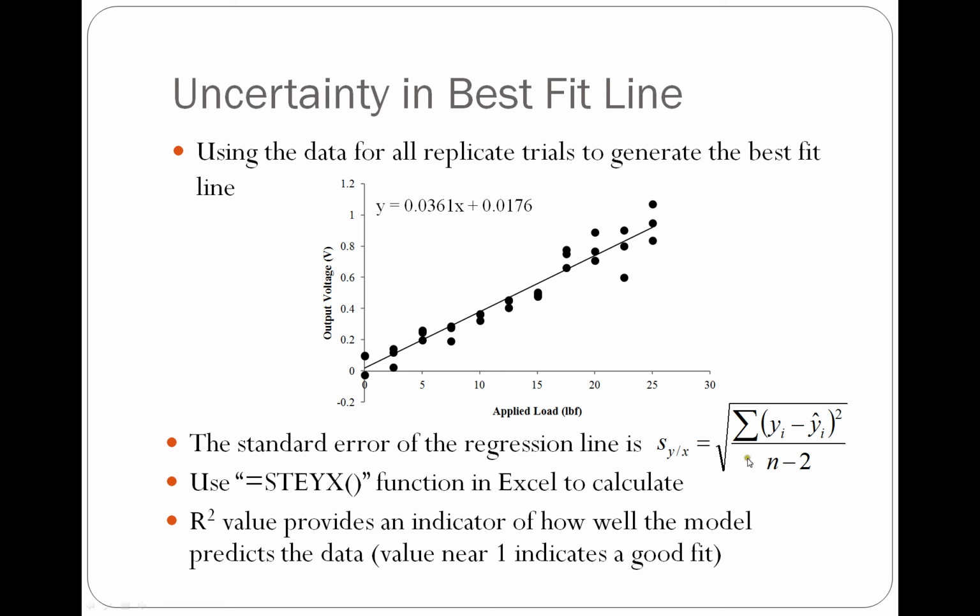Now notice that this is calculated slightly differently from how we actually calculate the standard deviation of a set of data points for a single input. All right, so it's different than if we just applied a 25-pound load and looked at the variation in that. What we're looking at or trying to quantify is the variation in the data about this best fit line.